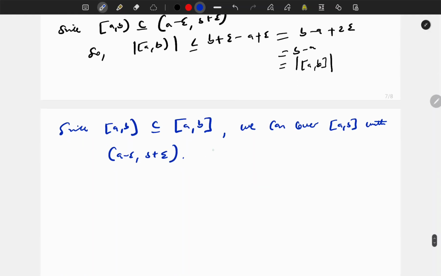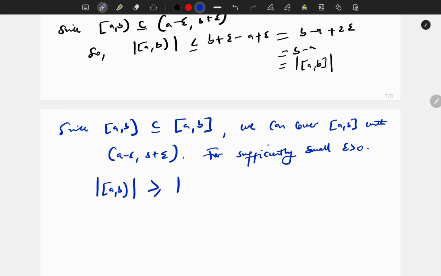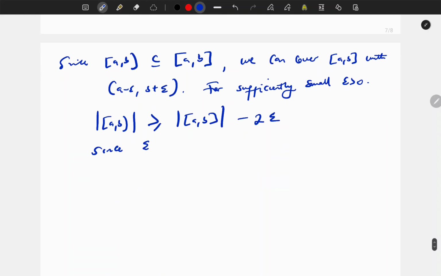So for sufficiently small epsilon greater than 0, the outer measure of the half interval will be greater than the outer measure of [a,b] minus 2 epsilon, and since epsilon is arbitrary, the outer measure of the half interval is greater than the measure of [a,b].